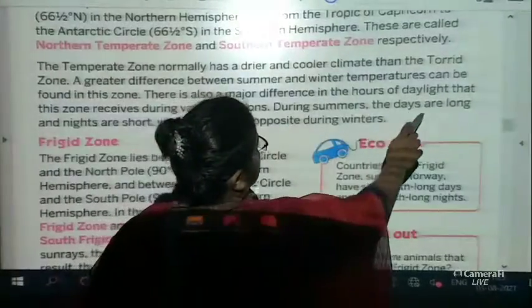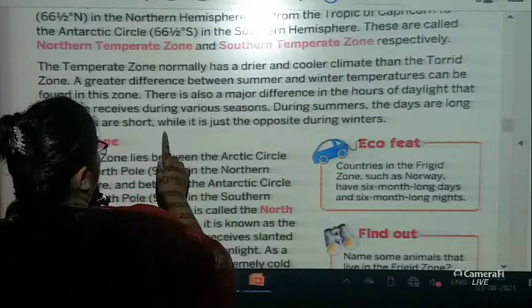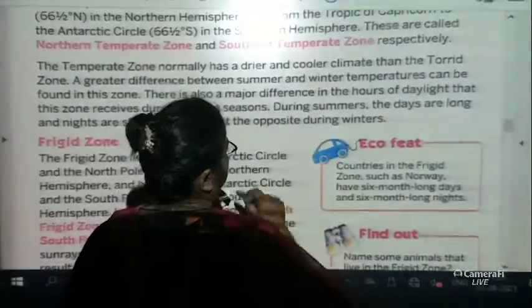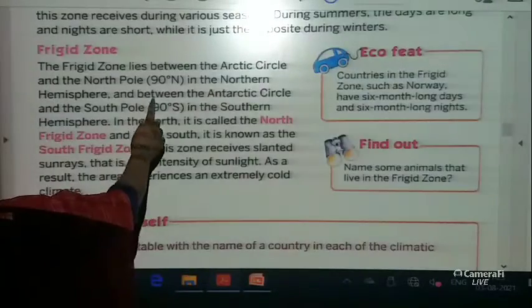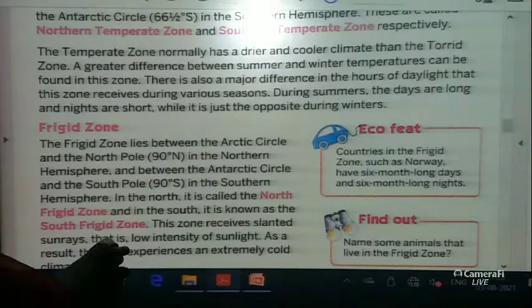During summers the days are long and nights are short, while it is just the opposite during winters. Okay children, so in this temperate zone the days in summers are longer and the nights are shorter, and in winters the days are shorter and the nights are longer.